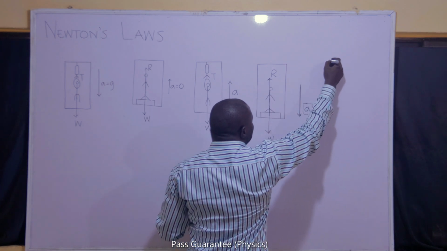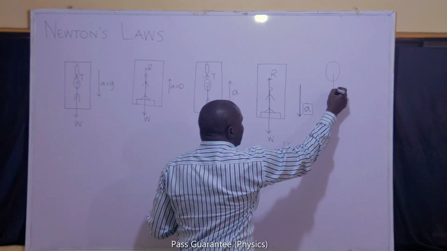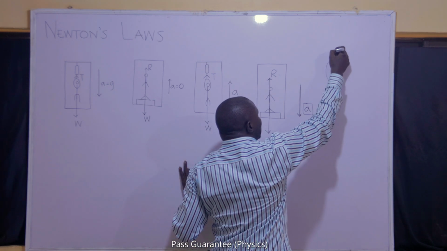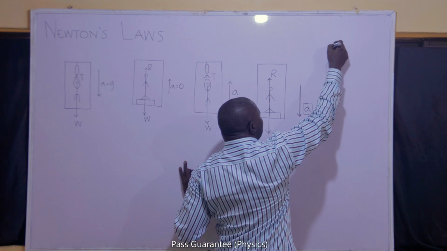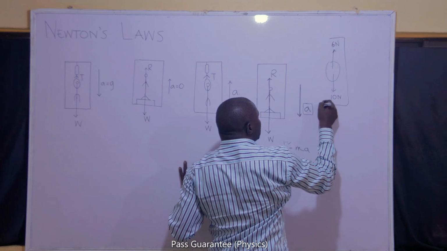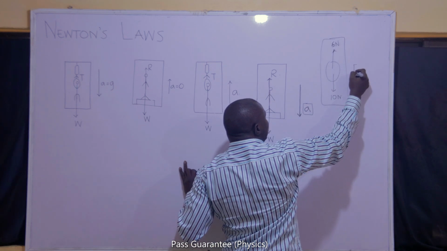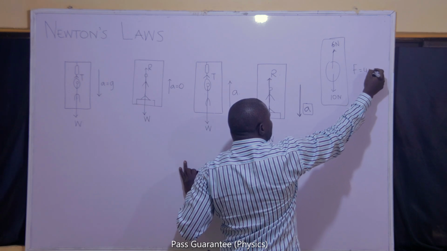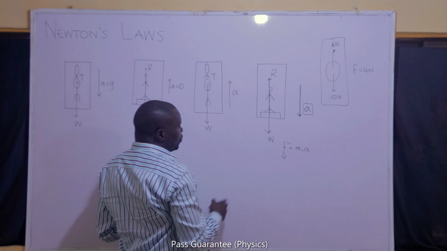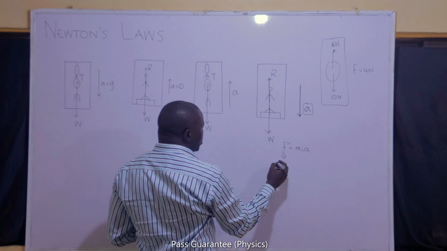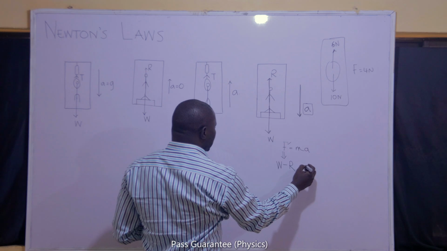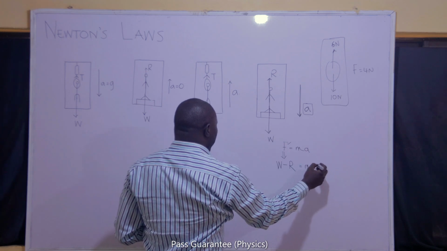It is like if the downward force on an object is 10 Newton, and the upward force on that object is 6 Newton. The force that is responsible for the acceleration is 4 Newton. That is 10 minus 6. So that is exactly what I'm going to do here. The force that is responsible for the acceleration will be W minus R, and it is equal to ma.